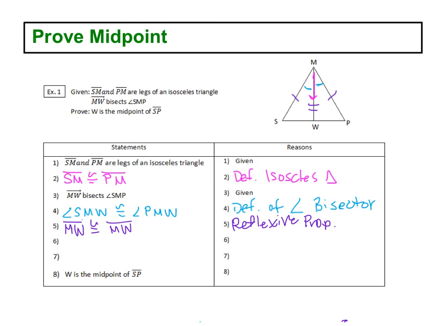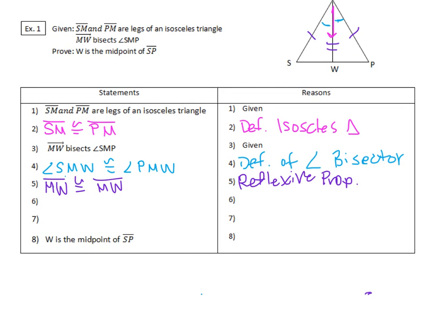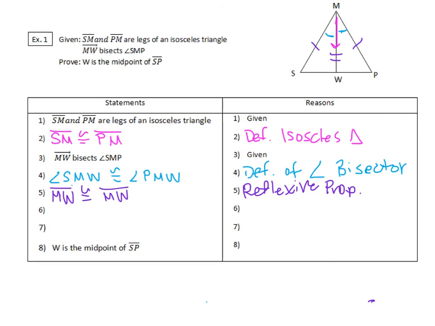It's so helpful. Alright, now looking at our triangles above, we have a side, an included angle, and a side. So we have side, angle, side congruencies. So we are ready to say that these two triangles are congruent.